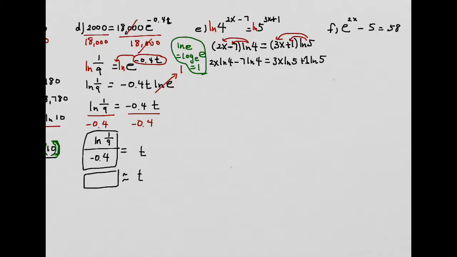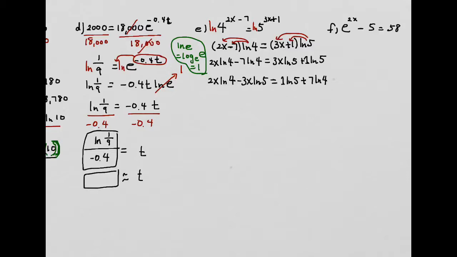And you see there are 4 terms, 2 terms with the variable x and 2 terms without the variable x. So you wanted to put the terms with the variable x on one side. So positive 3x ln 5 becomes negative 3x ln 5. And the other side without the variable, so it will be 1 ln 5 plus 7 ln 4.